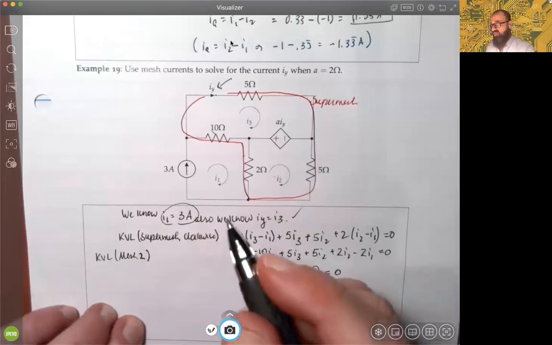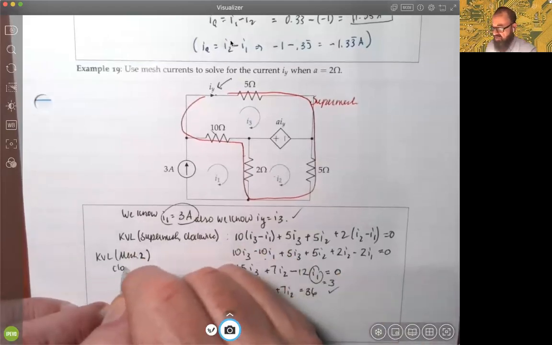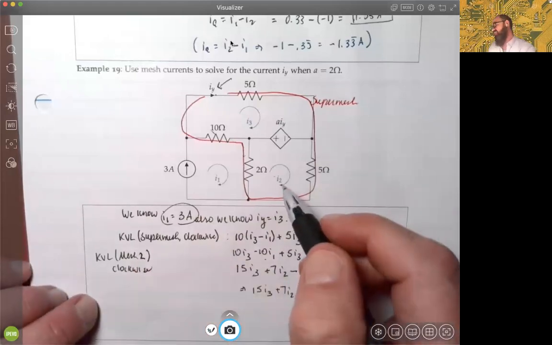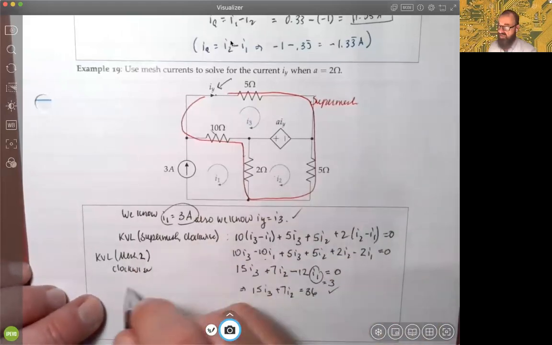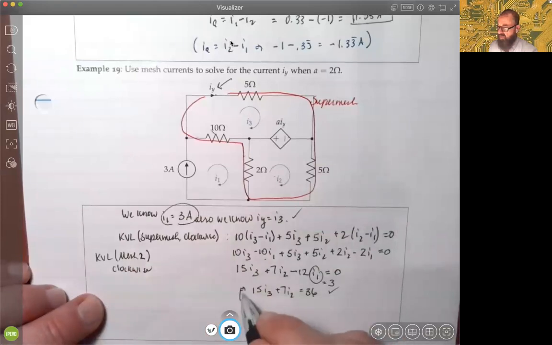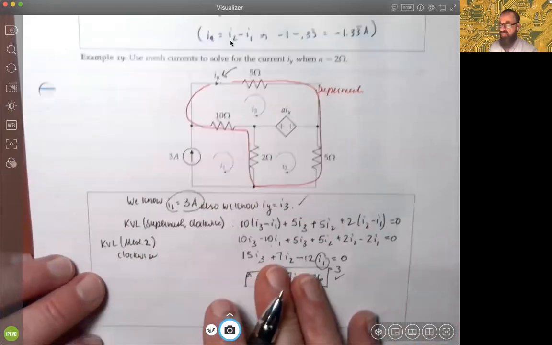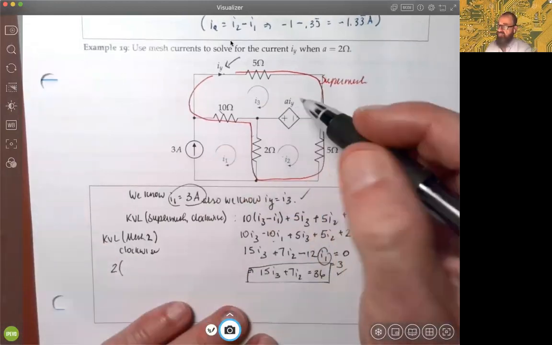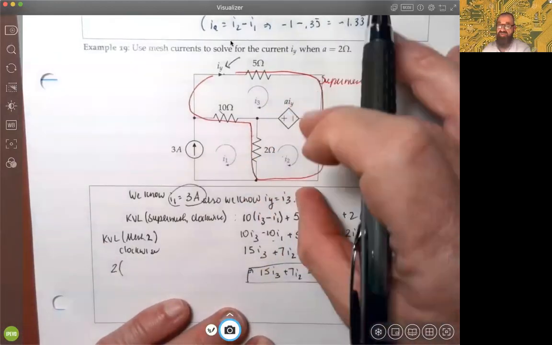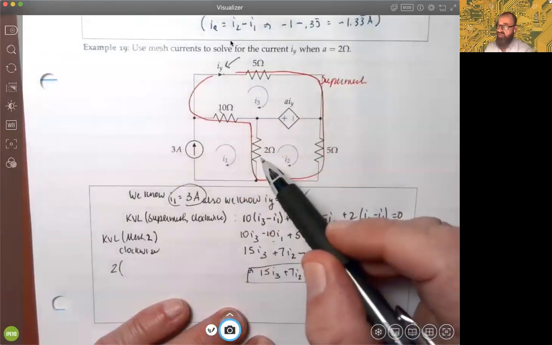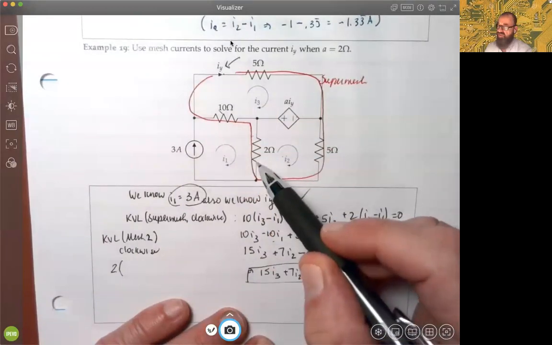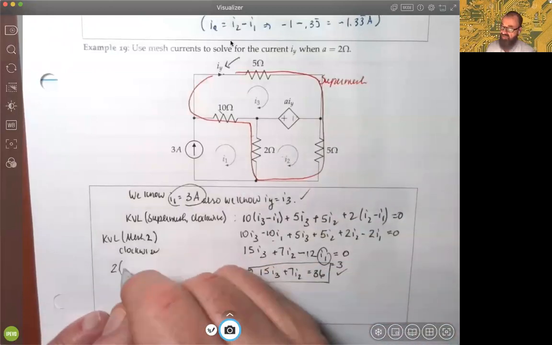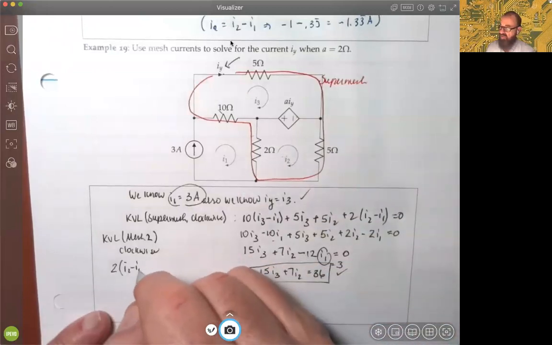So if we go clockwise around mesh 2 down here, let's start with the 2 ohm resistance. Let's keep in mind we have this equation already; we're looking for another one. We're in this bottom square, right? Assuming PRC, I2 is going to produce a positive value, I1 opposes, so we'll have I2 minus I1.